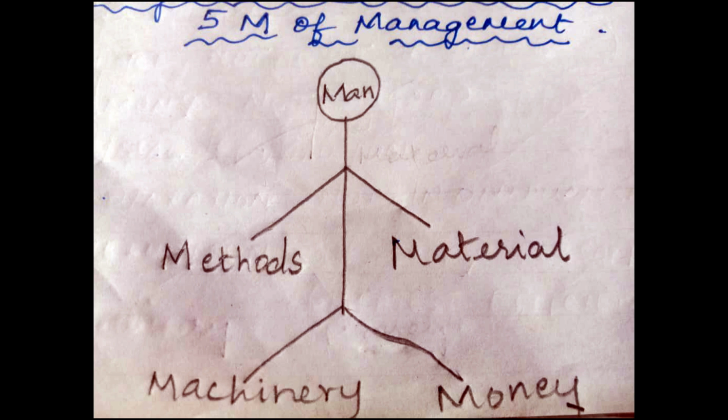Another important management concept is the 5 M's. The first M is method. To manage things, you must know the right method of doing things. If you do not know the right method, then you will not be able to manage things properly.